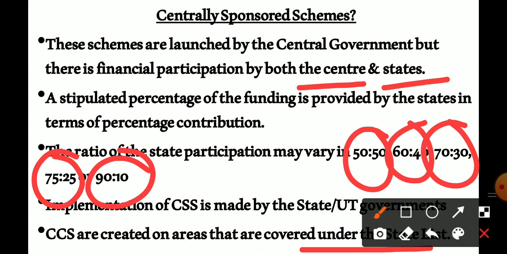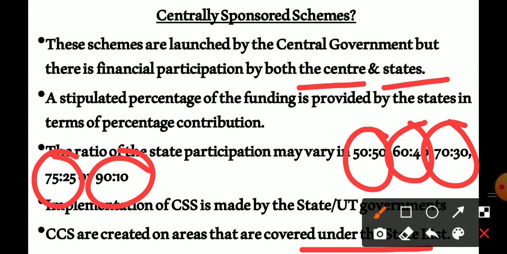Let me put it precisely. In the central sector scheme, the scheme will be launched by the central government, 100% funding will be done by the central government, and the implementation part also falls on the central government. And the subjects are mainly from the union list.